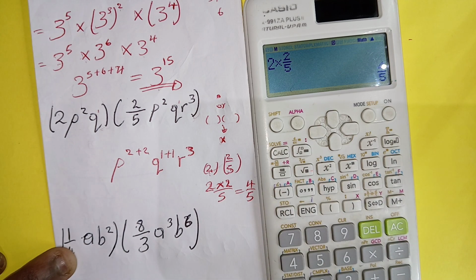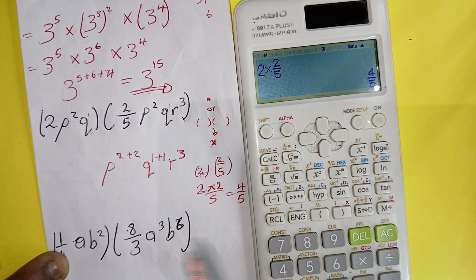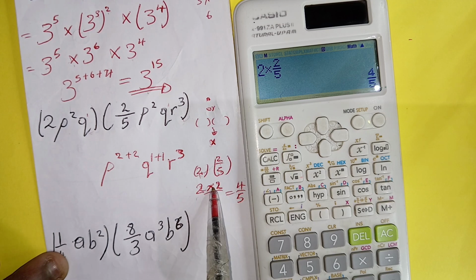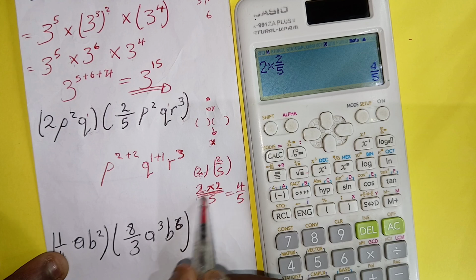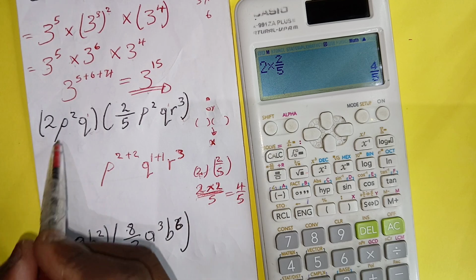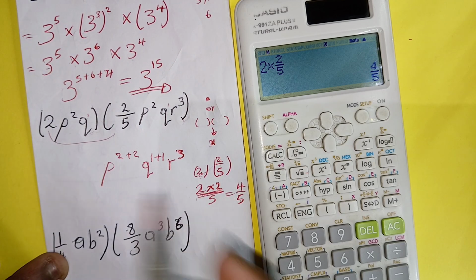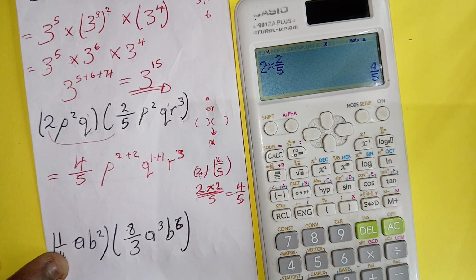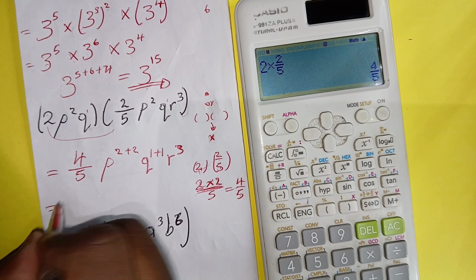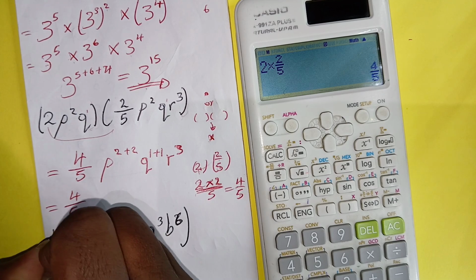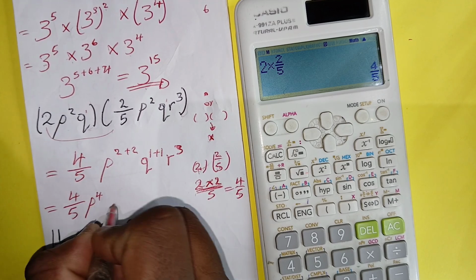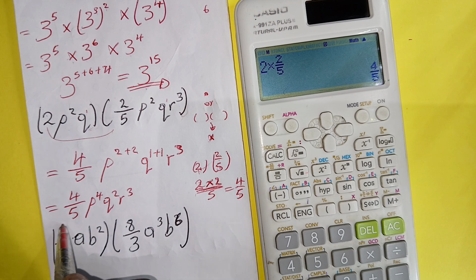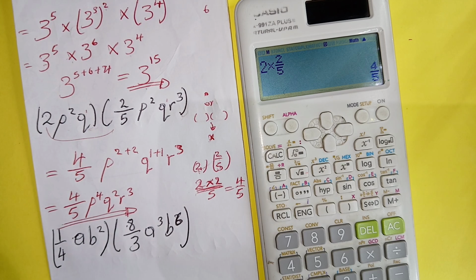Still you'll get the same answer. So the final answer will be 4 over 5, which is p^4 q^2 r^3.